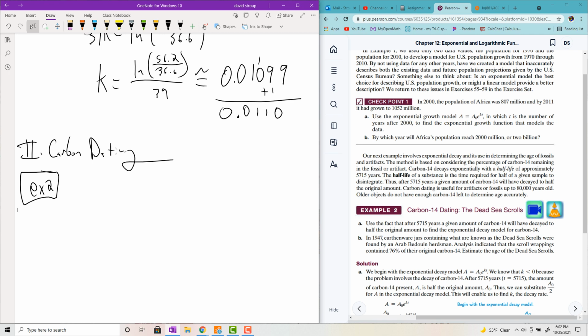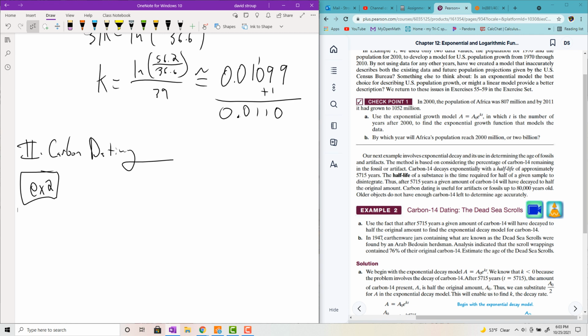Once the fossil is buried or dies, the carbon-14 will start to decay, like getting old. And they look at the amount of carbon-14 left in the fossil or the artifact.